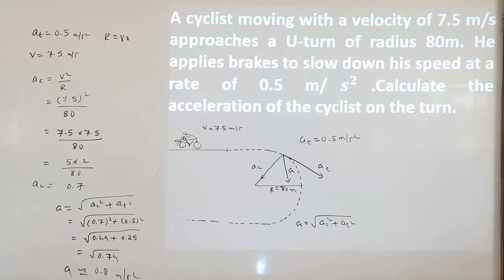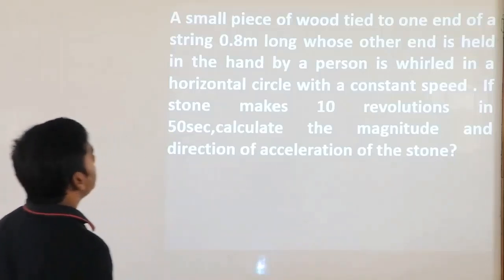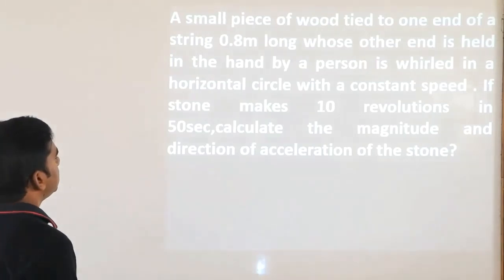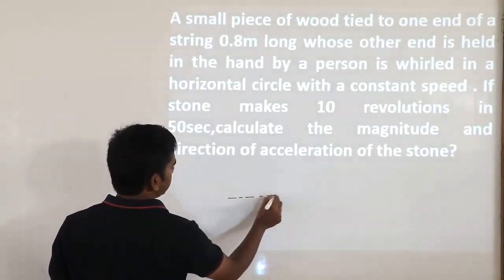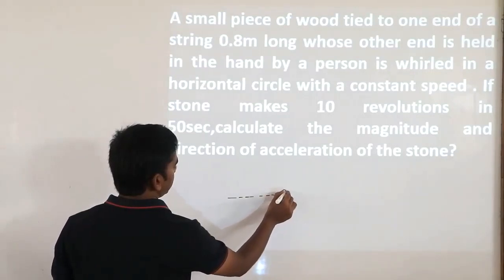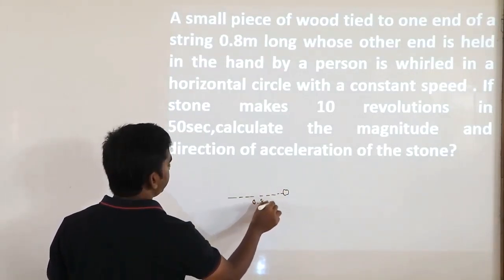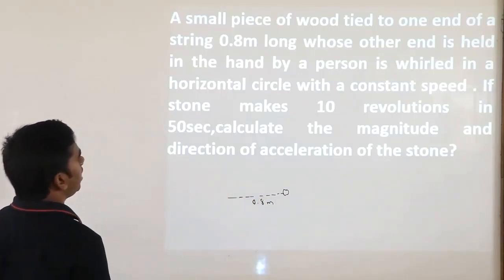Next question: a small piece of wood is tied to one end of a string 0.8 meter long. So the wood is connected to a string of 0.8 meter, which means the radius is 0.8, and the other end is held in a hand by a person.